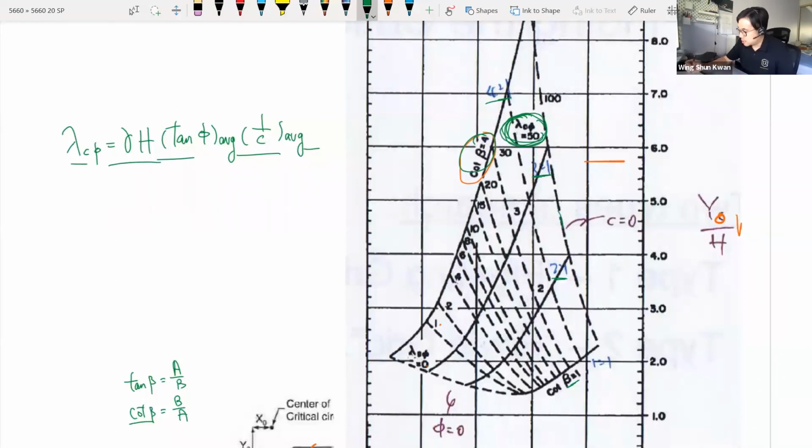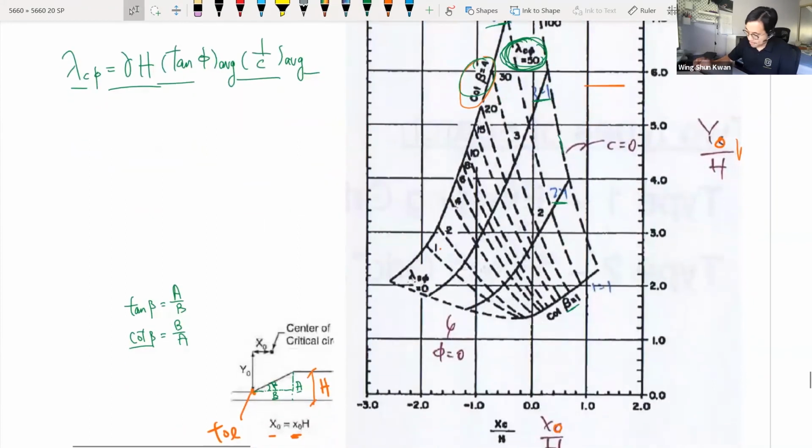So this line here will be C equal 0, and this line here represents friction angle equals 0. So you have a sand type of material here, and you also have the clay type of material right there. And whatever you calculate for the parameter lambda right there will give you a number.